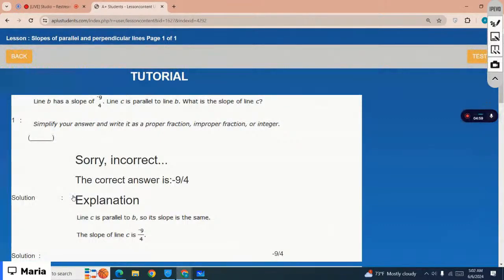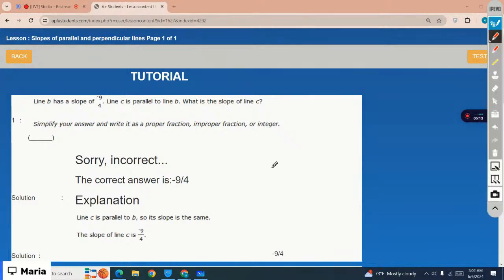Line B has a slope of -9/4. Line C is parallel to line B. What is the slope of line C? So you are given line B, which has the slope -9/4, and another line C that is parallel to line B. When lines are parallel, their slopes are exactly the same.